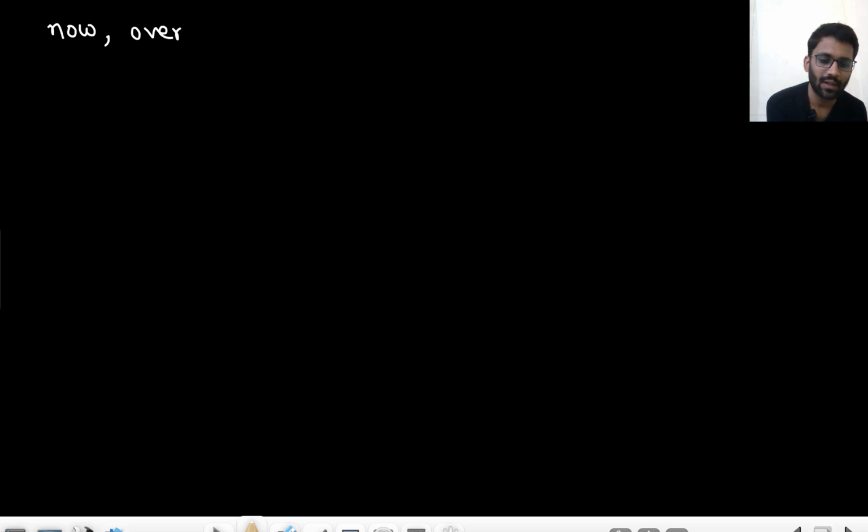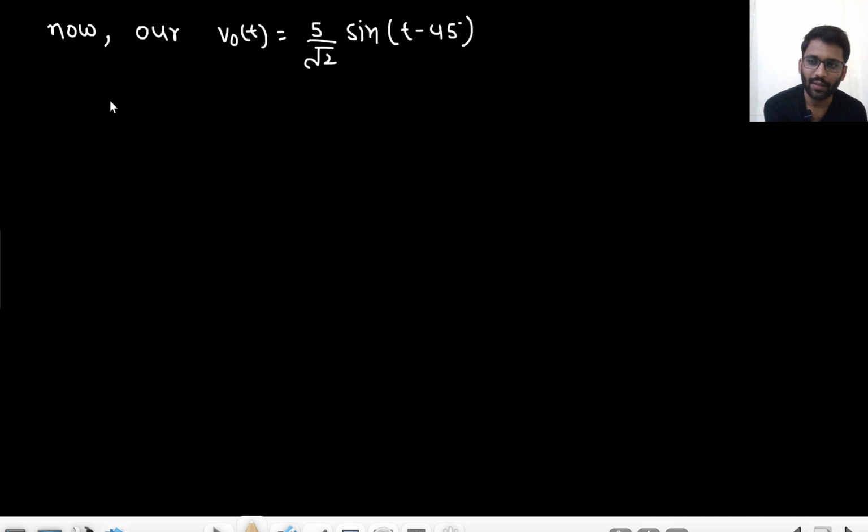Now our V naught t is 5 by root 2 sin(t minus 45 degree). If I put t equals 0 here, what do you get for V naught at 0 plus?